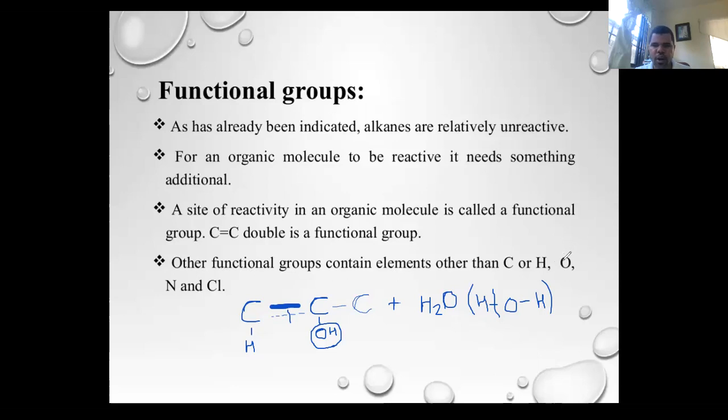They might contain oxygen, like in this case. Oxygen is the only new element here because you already had carbons and hydrogens. Now the oxygen attached to a hydrogen gives this molecule a whole different identity. This is no longer propane. This is going to be something new that I will share with you now.